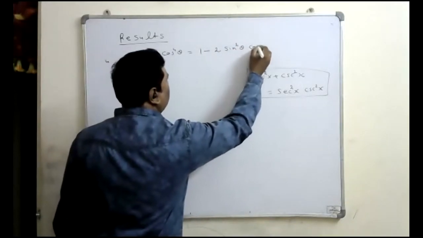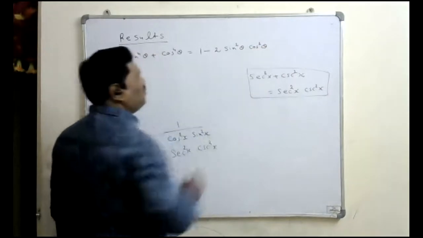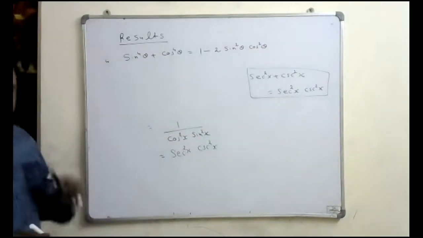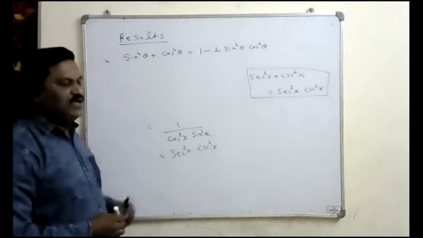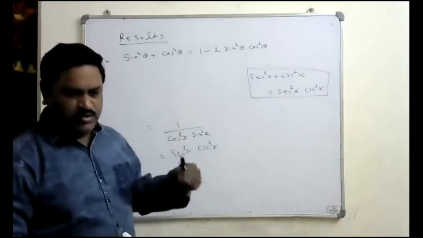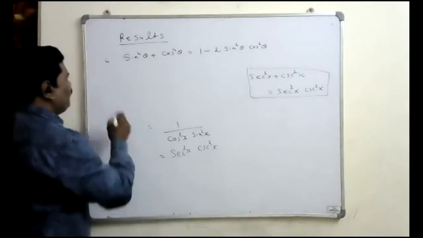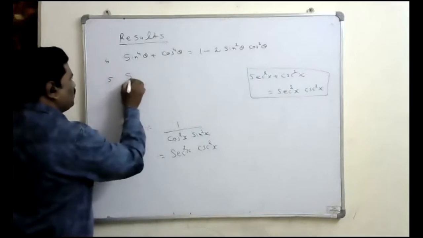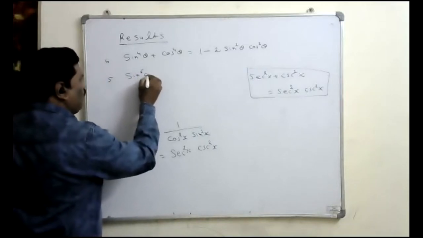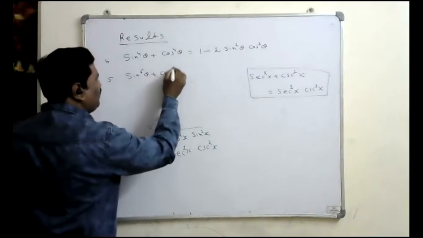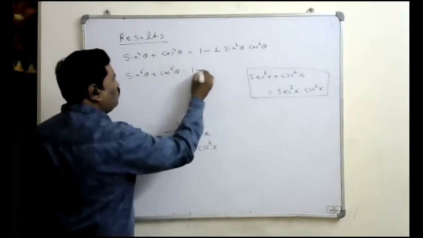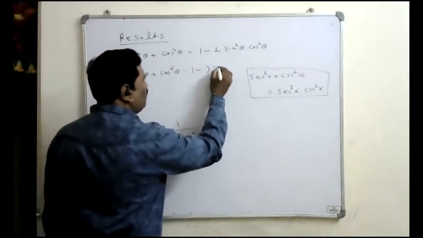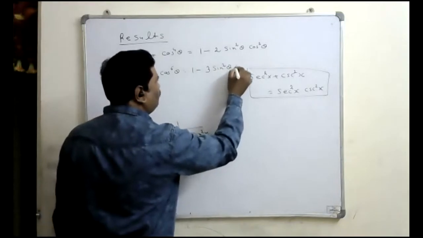I gave this identity to you earlier. Similarly, sin power 6 theta plus cos power 6 theta is equivalent to 1 minus 3 sin square theta cos square theta.